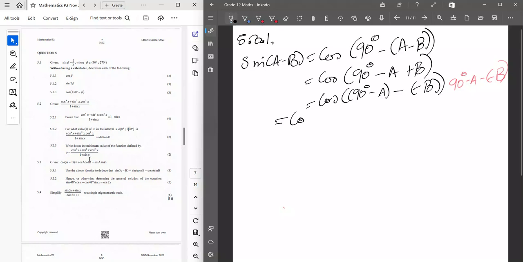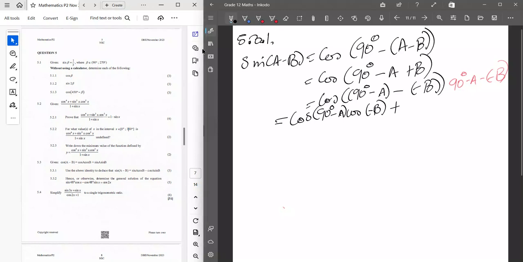This is the one where we are given the cosine. So we'll say it's cos(90 degrees minus A) multiplied by cos negative B. Now, when it's cos with a minus, it must be a plus, like they said.